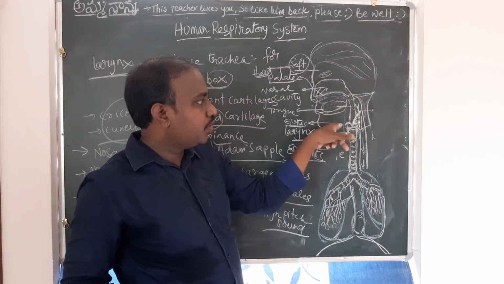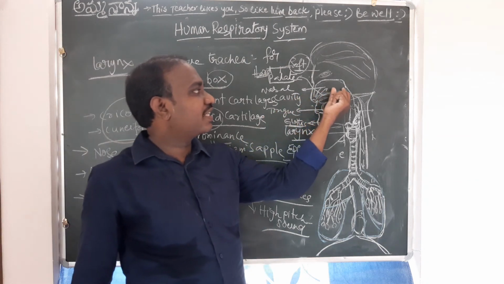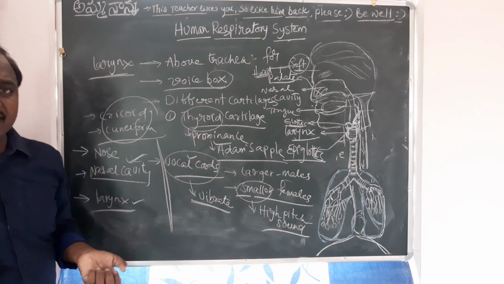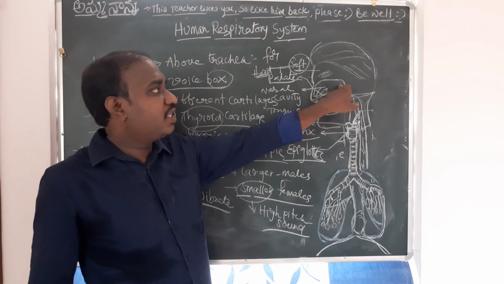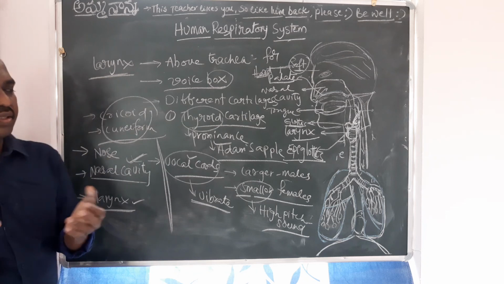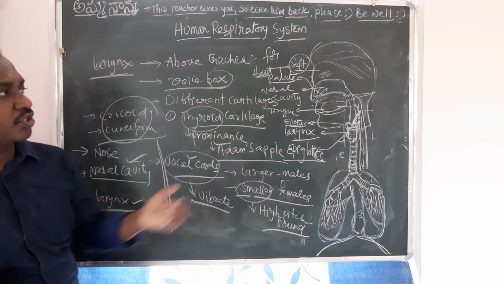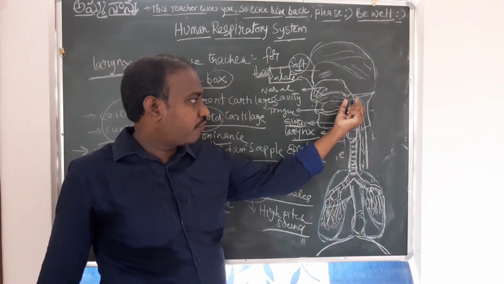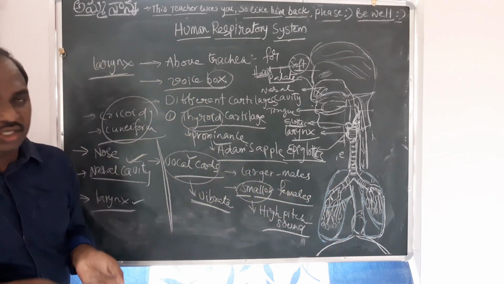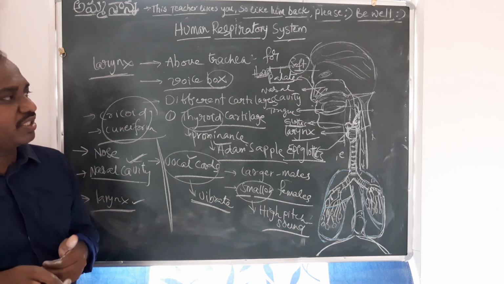Sometimes we have nasal congestion. Why do we have nasal congestion? The cilia present here are supposed to move the mucus that is being produced down to the pharynx. From the pharynx, it can be swallowed and taken to the stomach, where it is digested with the acid.